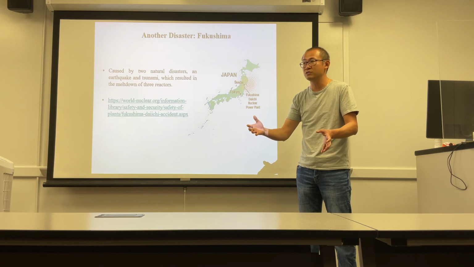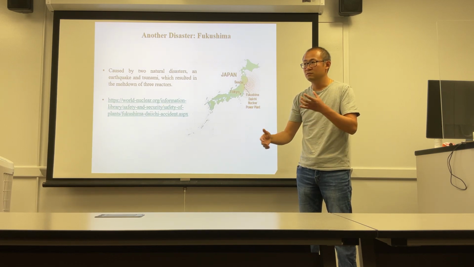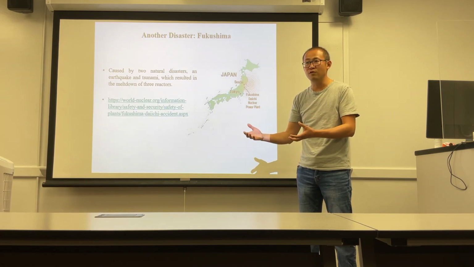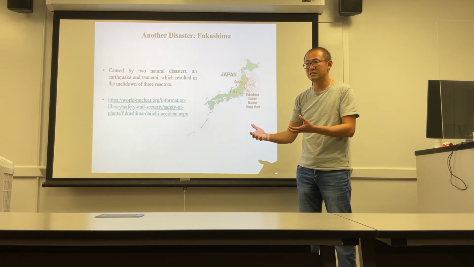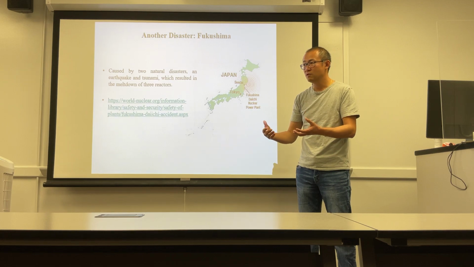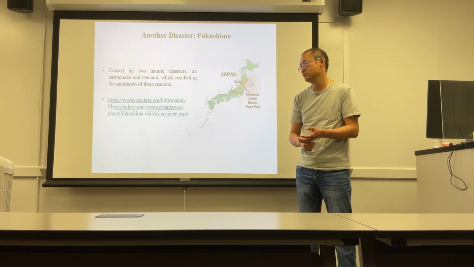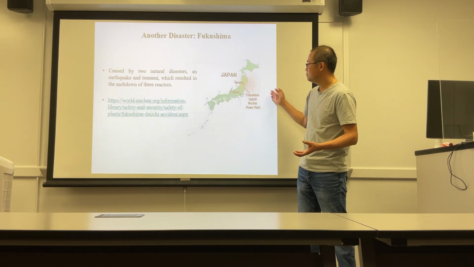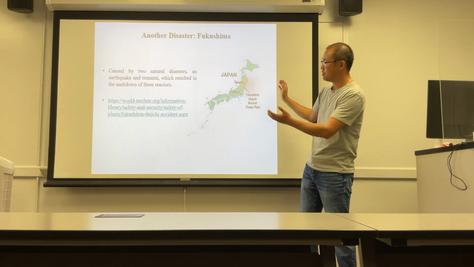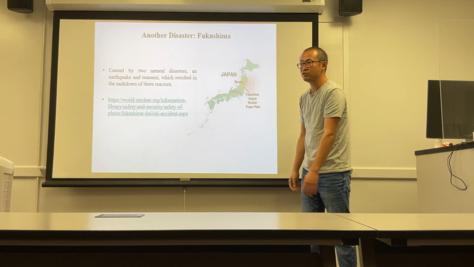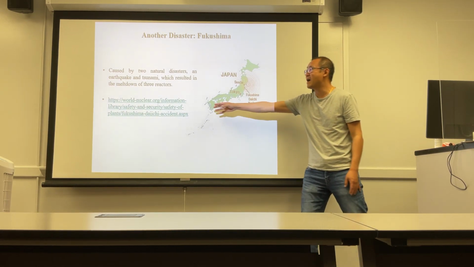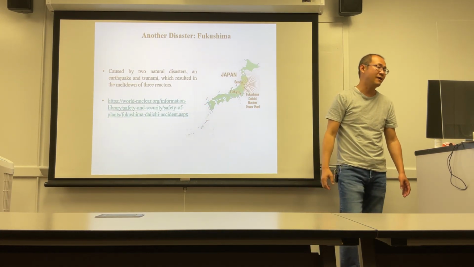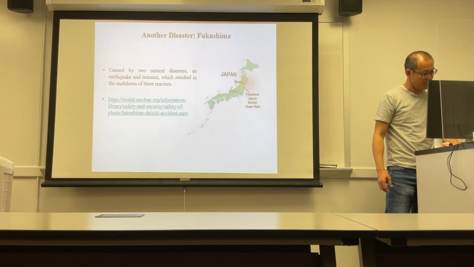Because of the Pacific Ocean, a lot of sea life is affected by radioactive materials. Sometimes the seafood you eat may contain those radioactive materials, because Japan and the United States are separated by the Pacific Ocean. You can read more on the link, and they keep updating it with the impact of that incident.